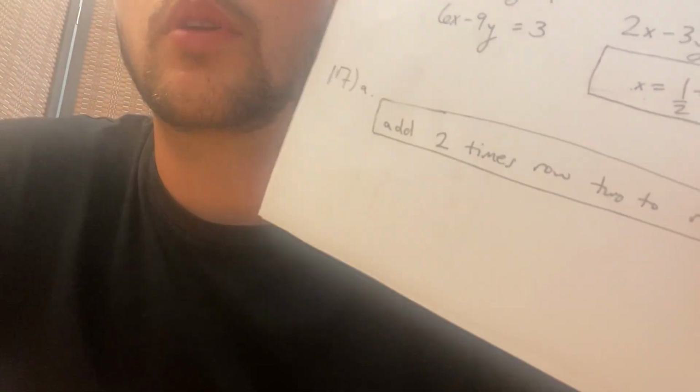And then the other question is like, find one single elementary row operation with which you can get a 1 in the top left-hand corner of the matrix without having a fraction in the first row.